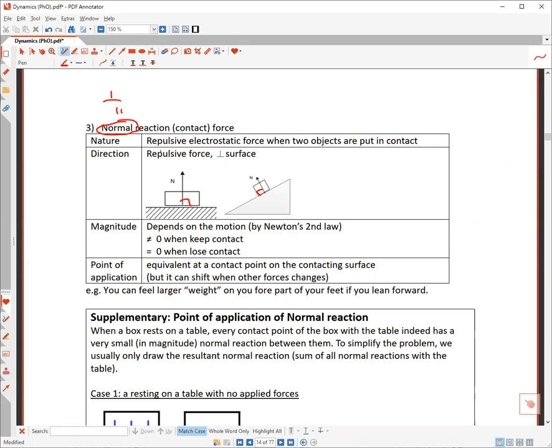The nature of this force is a repulsive electrostatic force between two objects that are in contact. The reason behind it is like this. Let's say the block is placed on the surface.